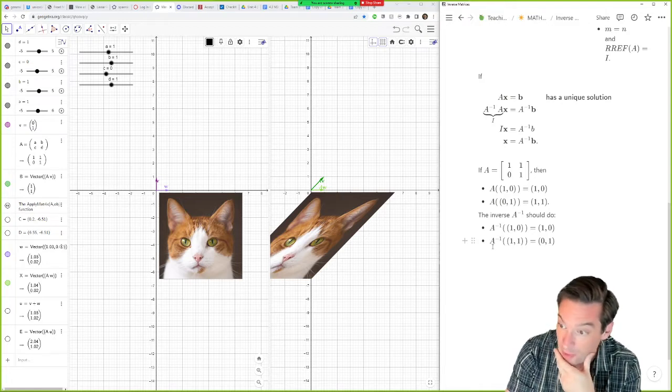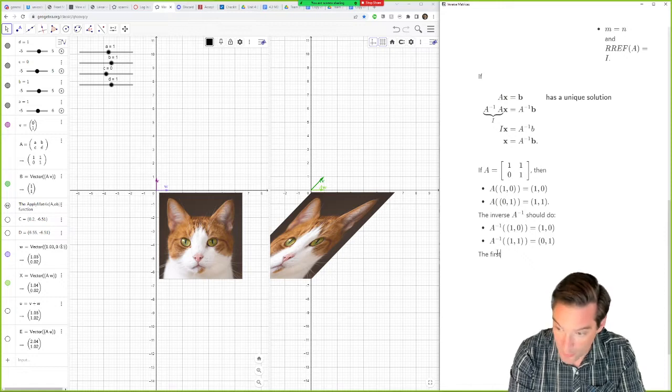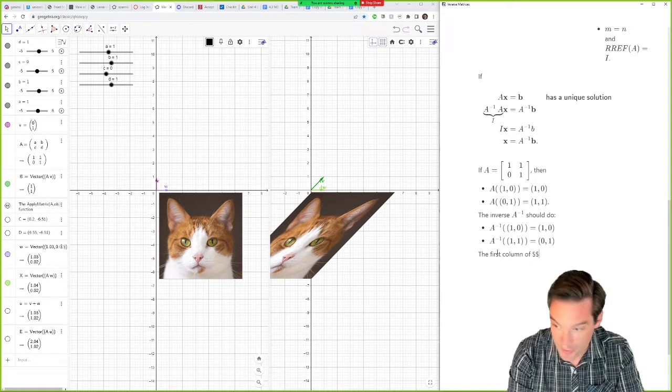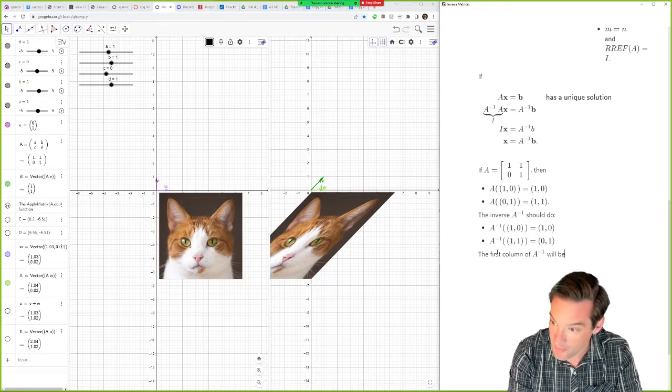Right, so these are the two things that we need to be true for the inverse of my linear transformation. And so if I'm going to find a linear transformation that does this, I need to know the first column. The first column of A inverse will be, according to our standard matrix formulation, A inverse applied to the first standard basis vector.